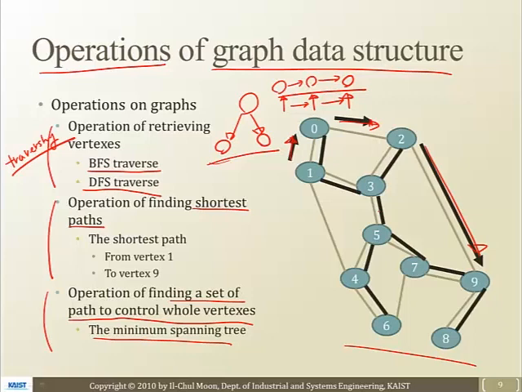So we want to cover all the vertices with the minimum cost. In that case, we want to find the minimum spanning tree. And we are going to discuss these operations in turn in the coming slide sets.